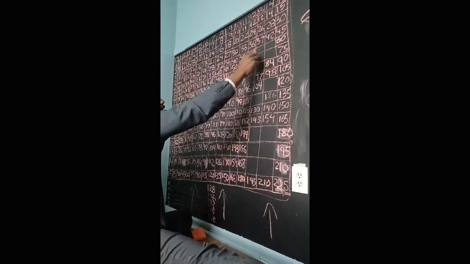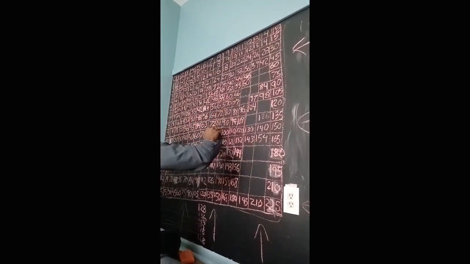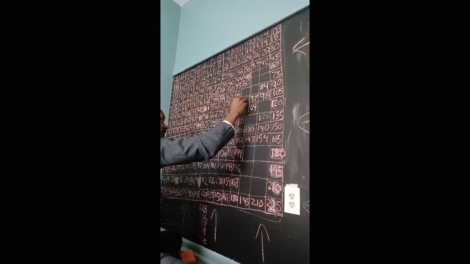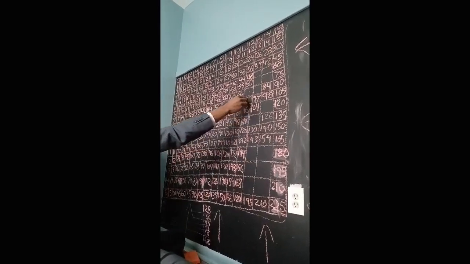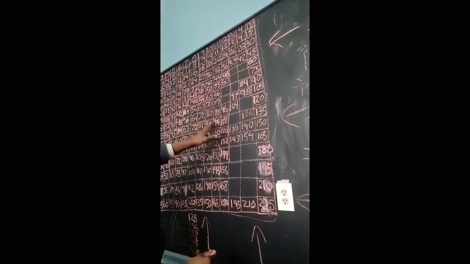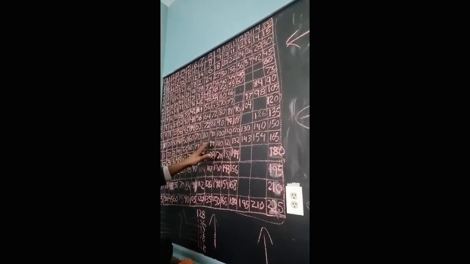What we got here? What's this? 77, 80, 81, 80, 77, 72, 65, 56. This is going to be 88, 90. Oh, excuse me. 88, 90.